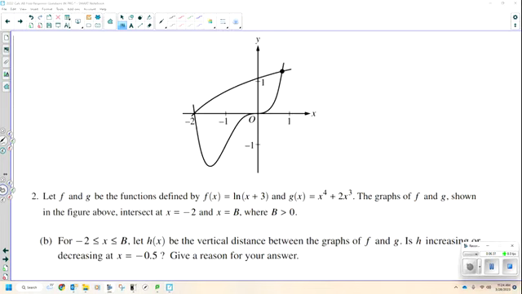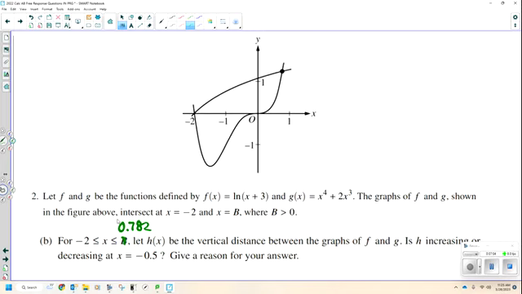All right, 2b. For an x value between -2 and the b value, which we now know is 0.782, when x is between those inclusively, meaning it could equal them as well, let h of x be the vertical distance between the graphs of f and g.